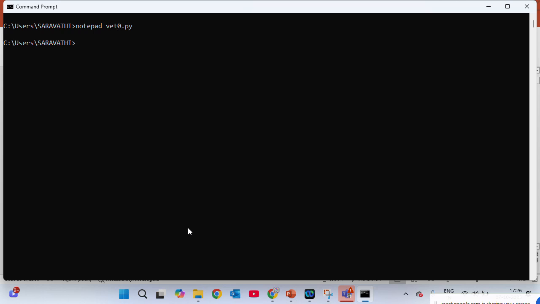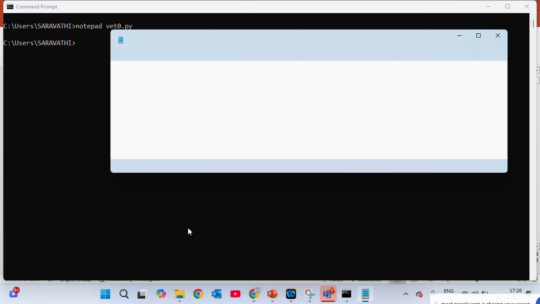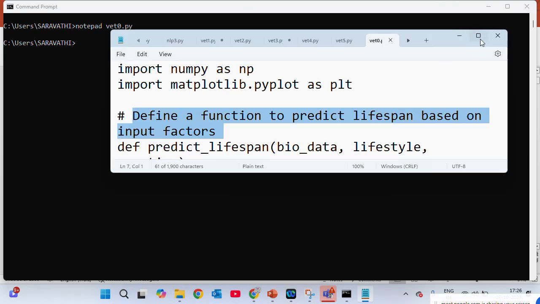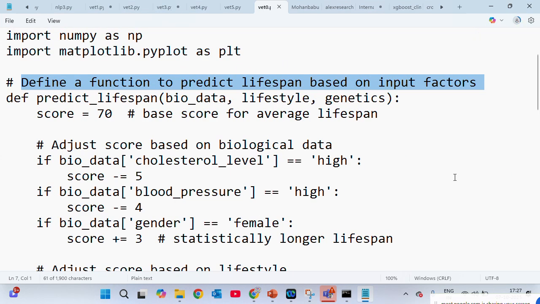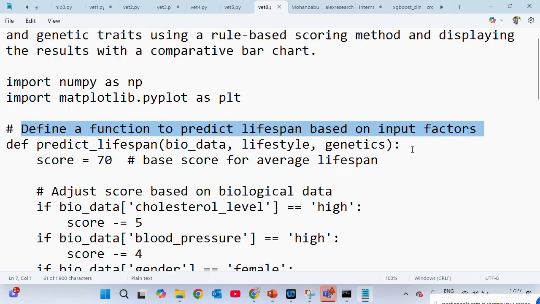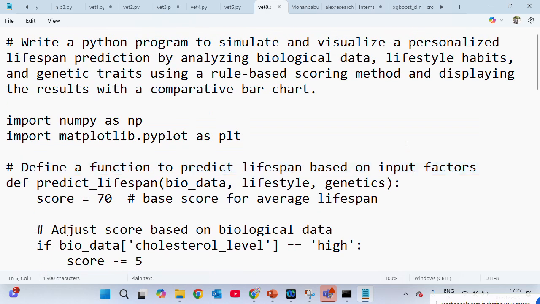The aim of this program is: write a Python program to simulate and visualize a personalized lifespan prediction by analyzing biological data, lifestyle habits, and genetic traits using a rule-based scoring method and displaying the results with a comparative bar chart.